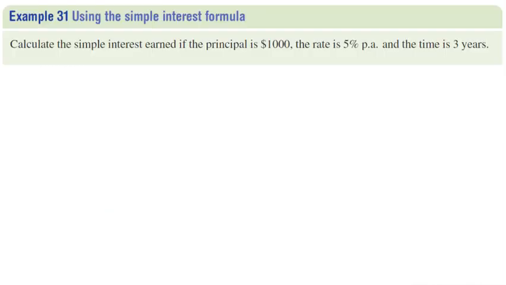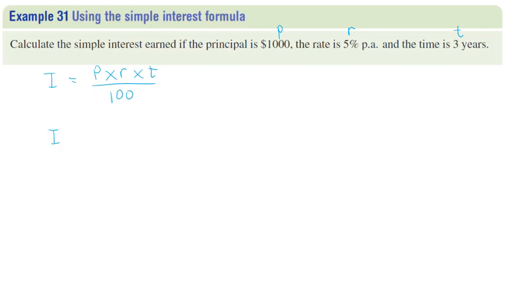Let's do one more example to practice before we move to the next thing. So calculate the simple interest earned if the principal is 1,000. So the P is 1,000. The rate is 5% per annum, so the R is 5, and the time is 3 years, so that's the T. So I write out the formula, I equals P times R times T, divide by 100.